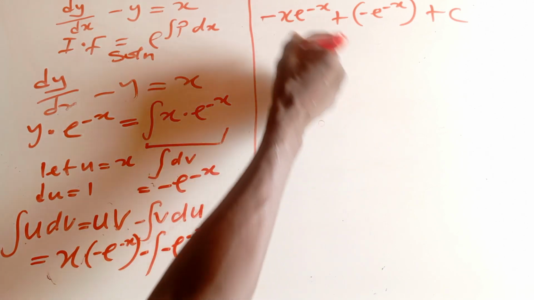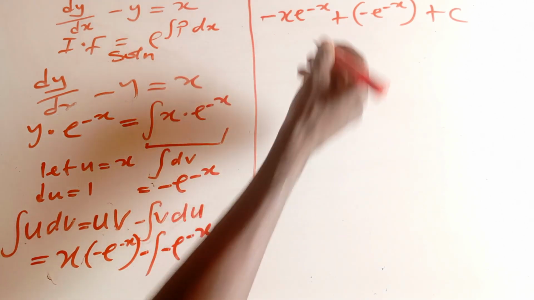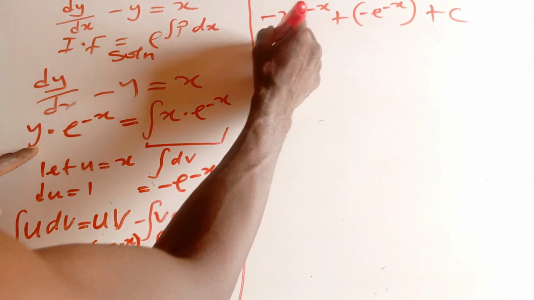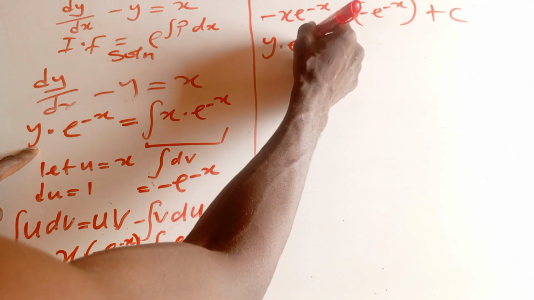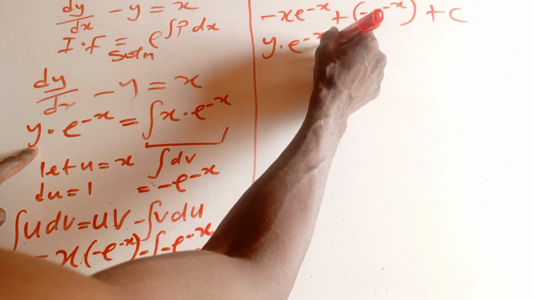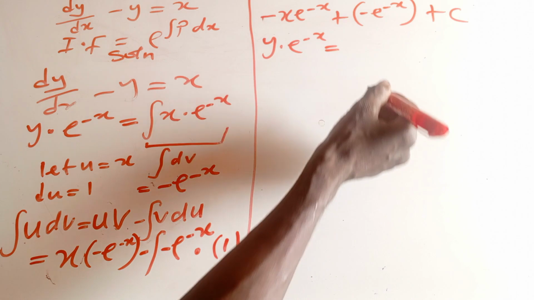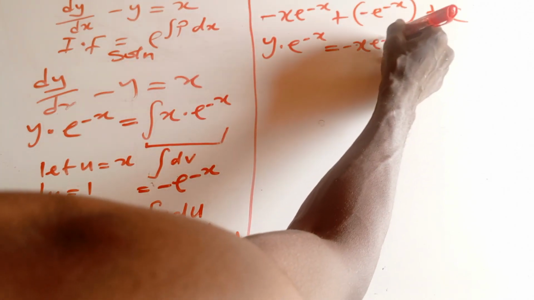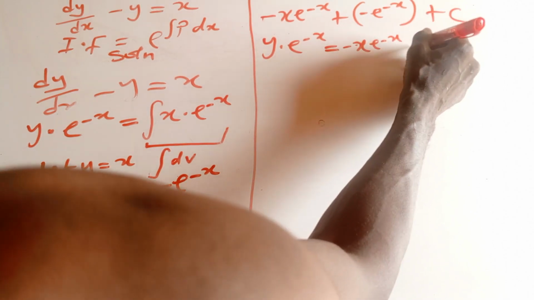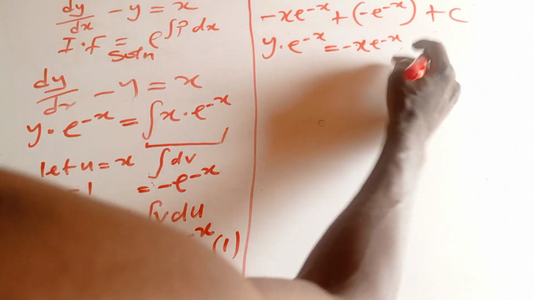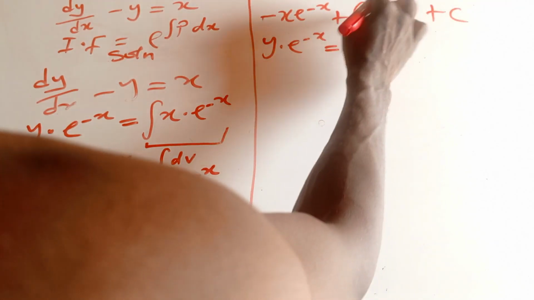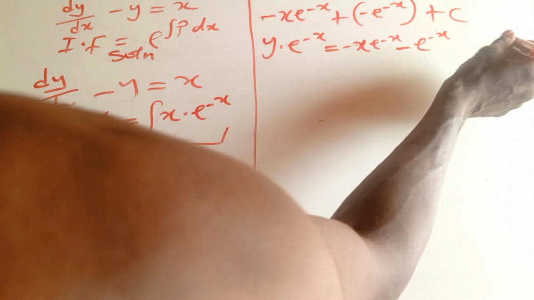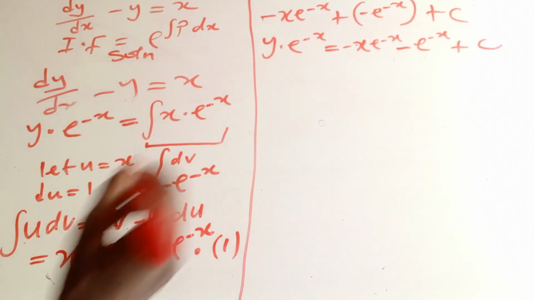Next, we recall the step we left. We have y multiplied by exponential minus x is equals to minus x exponential minus x, minus exponential minus x, plus c.